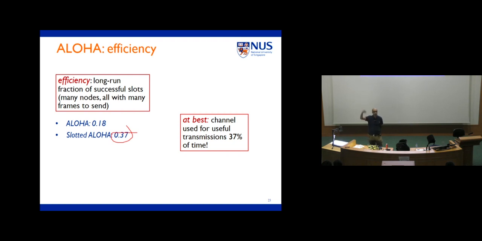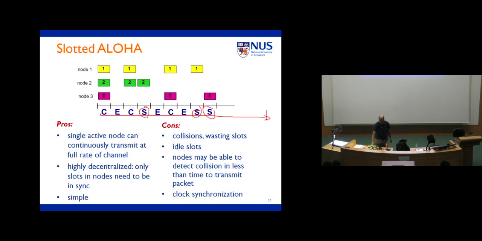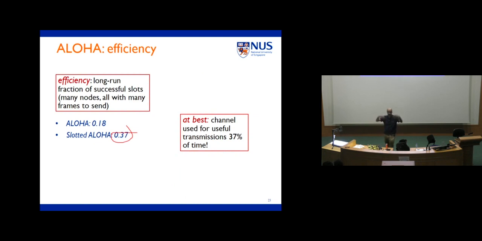This is for a large number of nodes, not for 1, 2, or 3, but when n is pretty large. So when the network is big, meaning there are many users, at best you can get 37% utilization or efficiency, which is not really very good actually. More than half of your time is wasted.